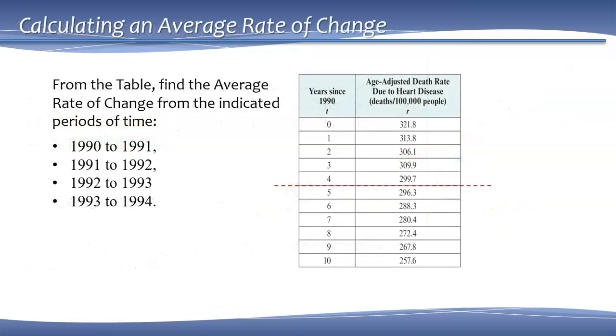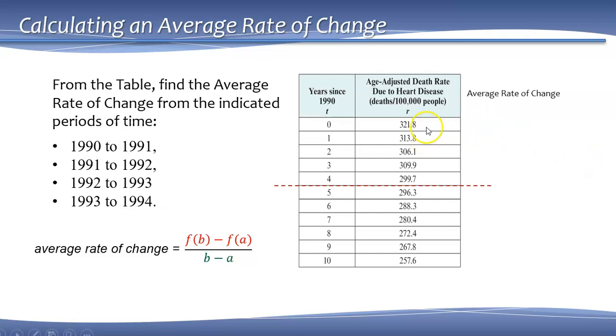For example, in this table of values, if I want to find the average rate of change between 1990 and 1991, between 1991 and 1992, and so on, we have to use our formula. So between those 2 points, between the closed interval 0 and 1, which is 1990 and 1991, my average rate of change would be -8.